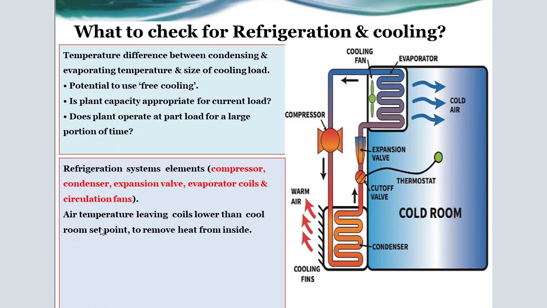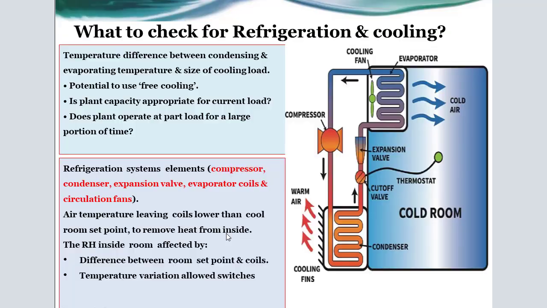the air temperature leaving the coil of the evaporator must be lower than the cool room set point temperature in order to remove the heat from the inside of this space, and also the relative humidity inside the room is affected by the difference between the temperature set point and the temperature of the coil of the evaporator.